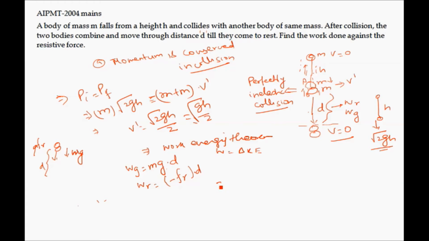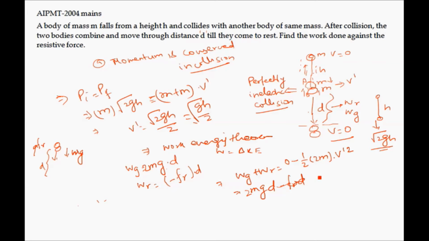Now, as per the work energy theorem, Wg plus Wr is equal to the change in kinetic energy. The final kinetic energy is 0 and the initial kinetic energy is 1 by 2 into 2m into v dash square. The work done by gravity is mgd; in fact, it is 2mgd because the mass is 2m. So 2m into gd minus Frd.